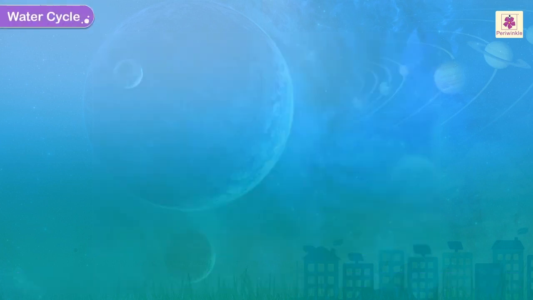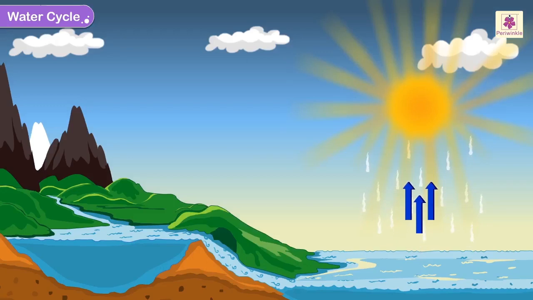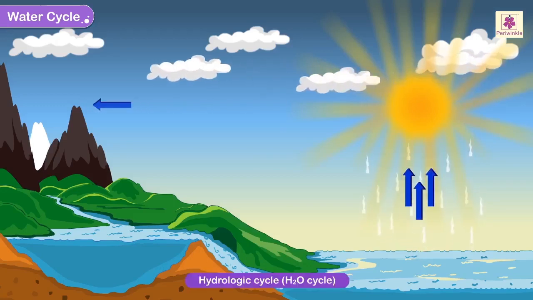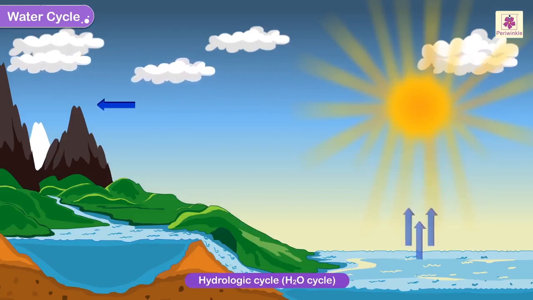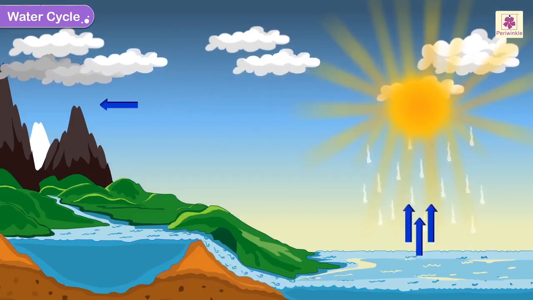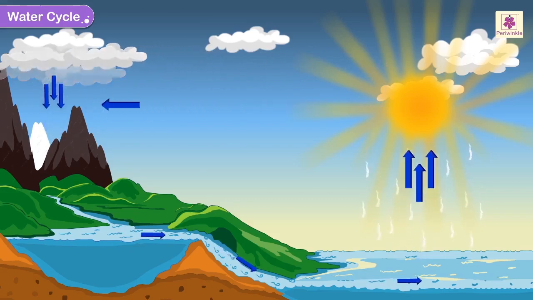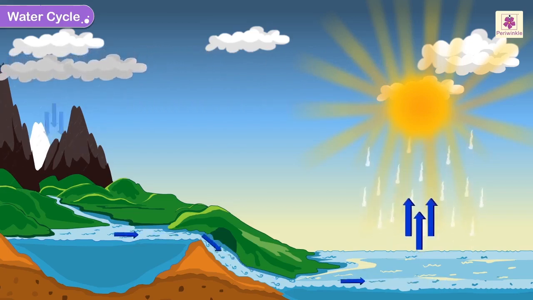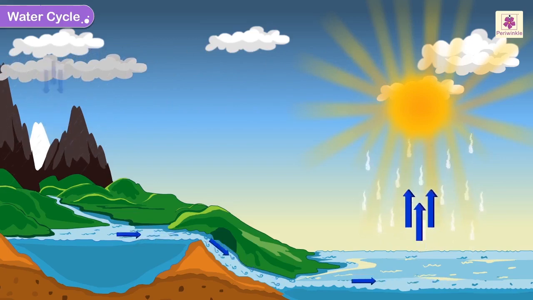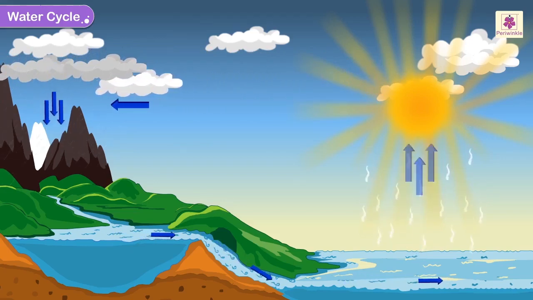Water cycle. It is also known as the hydrologic cycle or the H2O cycle. This cycle describes the continuous movement of water on, above, and below the surface of the earth.